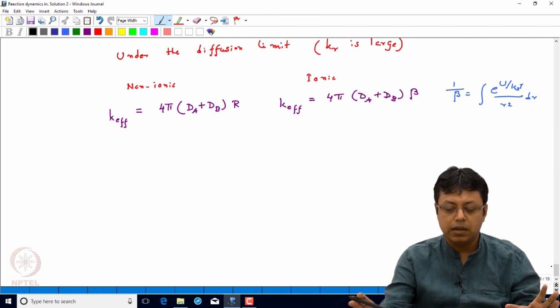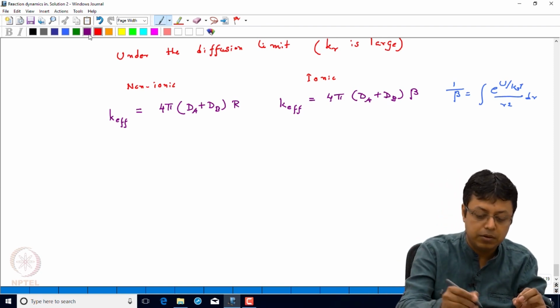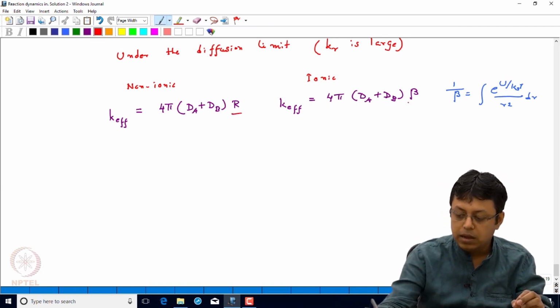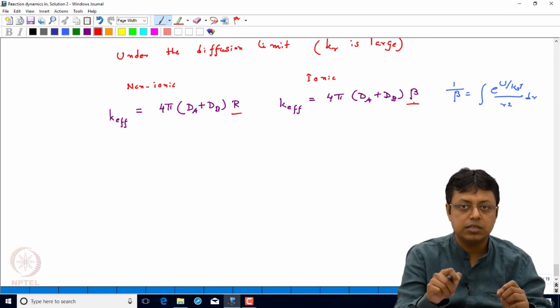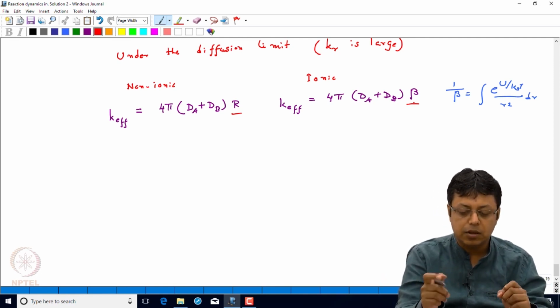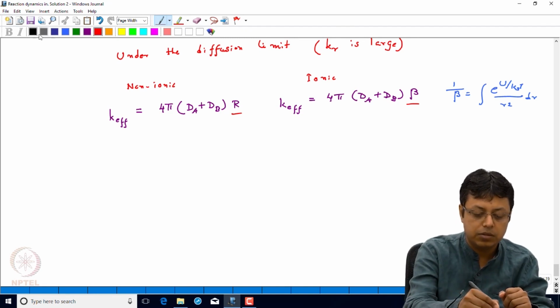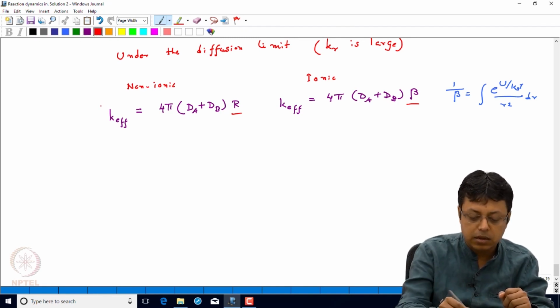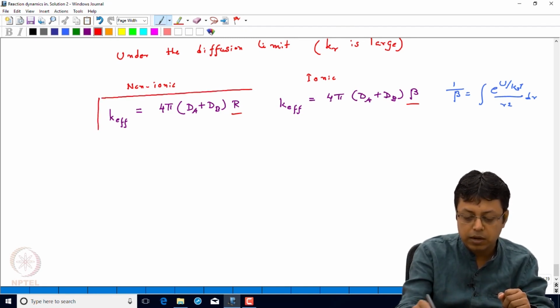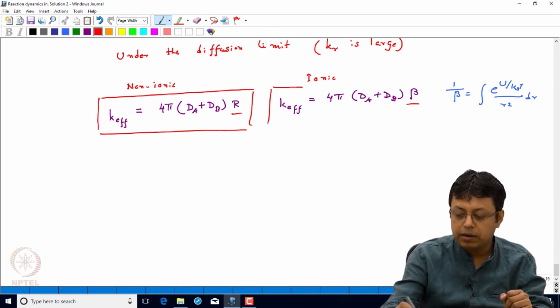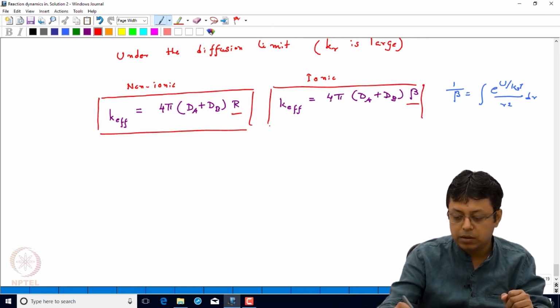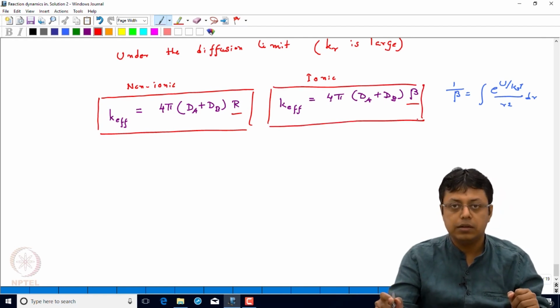Thus the only difference between these two equations is that in one case we have included the electrostatic potential, and in the other case it is simply the center to center distance of the contact pair. So we have shown how one can mathematically develop the effective rate constant under the diffusion limit for ionic and non-ionic species.